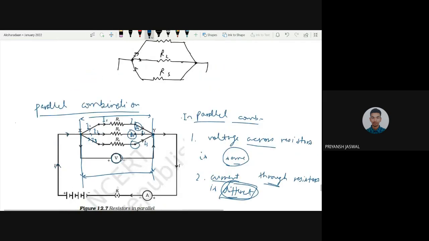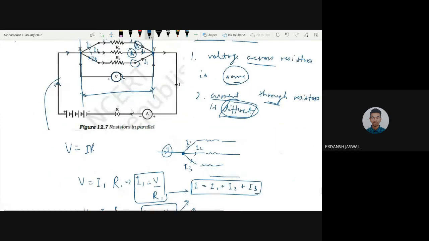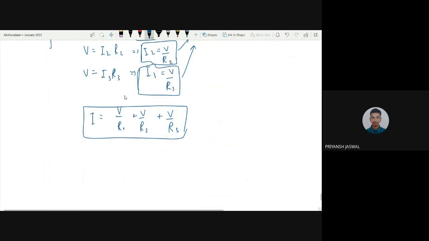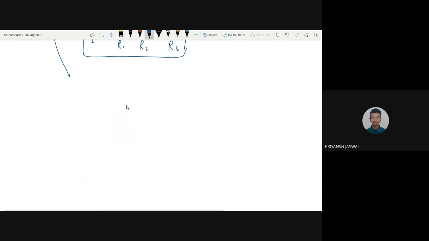Now consider this whole circuit. This whole circuit is equivalent to this one circuit.